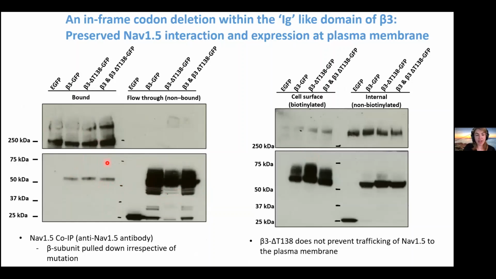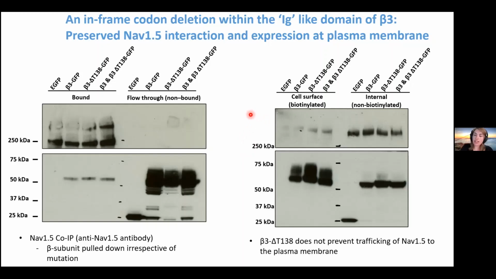So that suggests that interaction is saturated. Now, the previous data showed that the membrane expression of NaV1.5 was largely similar or perhaps higher in the T138. But that's all membranes and could incorporate things such as the Golgi or the ER, where perhaps some channels are trapped within the secretory pathway.